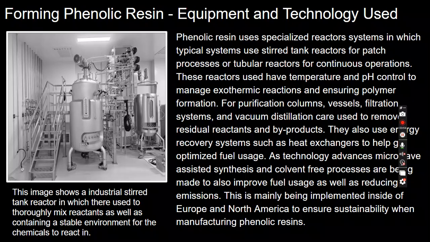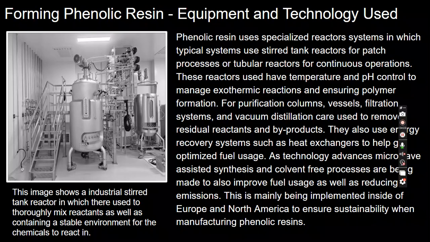Forming phenolic resin, equipment and technology used. Phenolic resin uses specialized reactor systems, in which typical systems use stirred tank reactors for batch processes or tubular reactors for continuous operations. These reactors have temperature and pH control to manage exothermic reactions and ensure polymer functions.